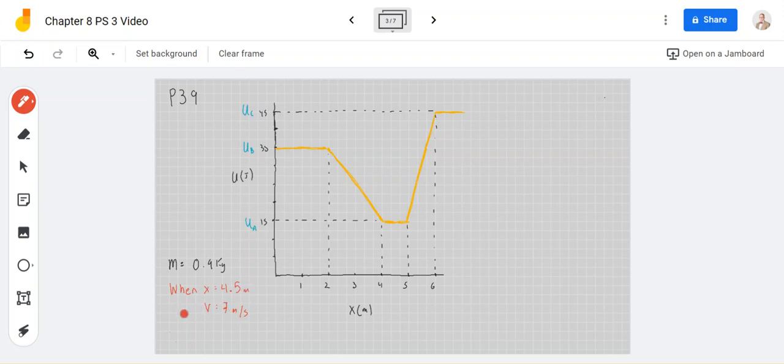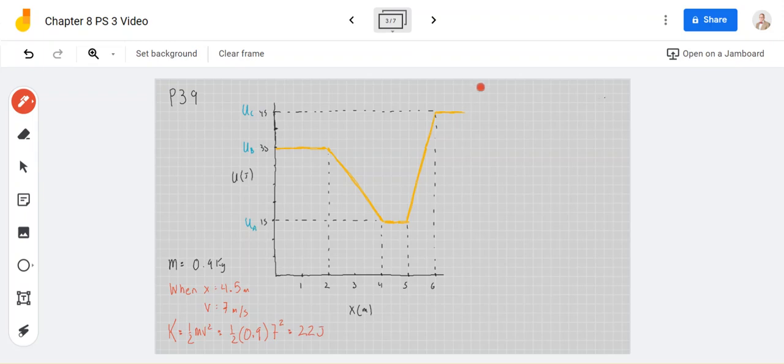So we're going to have to calculate the total energy. And before we do that, let's get the kinetic energy. We know kinetic energy is equal to 1/2 mv squared. 1/2, the mass is 0.9, and the speed is 7 squared. So I'll put that in my calculator, and this ends up being 22 joules.